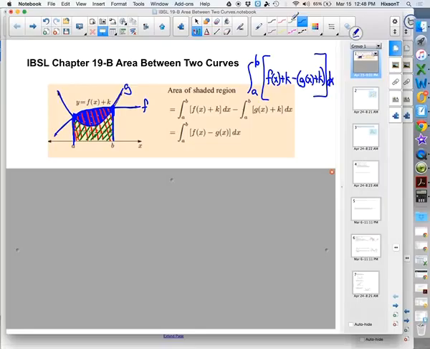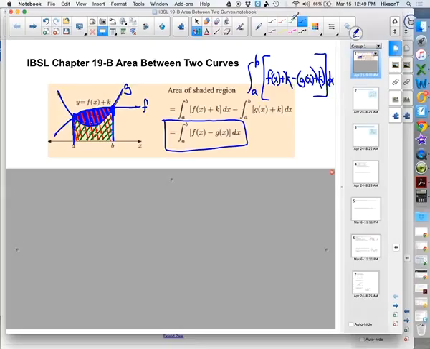Okay? And notice here, a k minus a k, those k's cancel out, and I just have f of x minus g of x. So that's how we get this formula. This is a formula you should be familiar with. The integral from a to b of the difference.